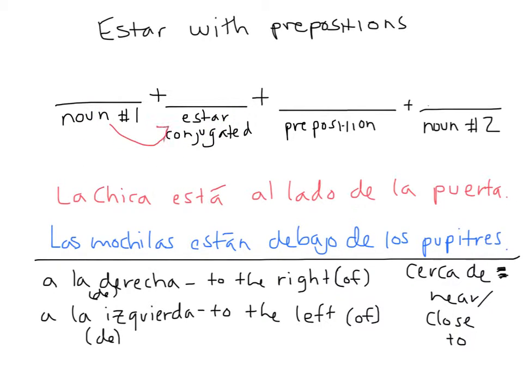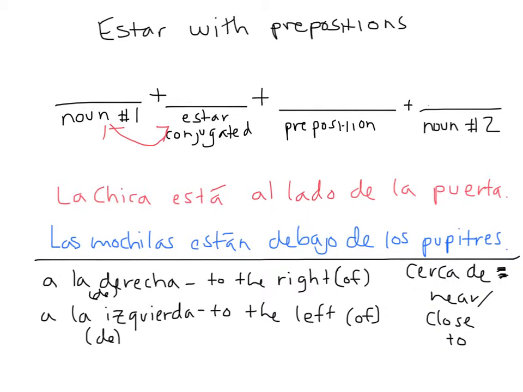They're tied together, okay? So if this is he, then I would put está here, okay? They're always linked together. Then next, we've got our preposition, or a prepositional phrase. And then lastly, we've got our final noun, which is different, okay?